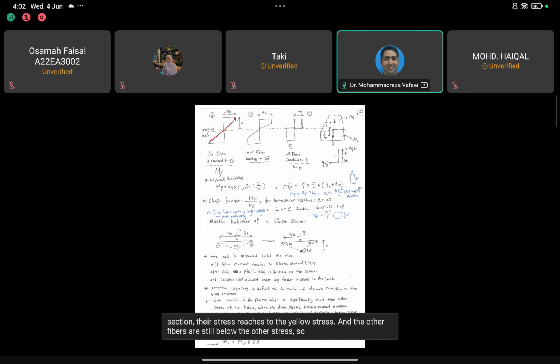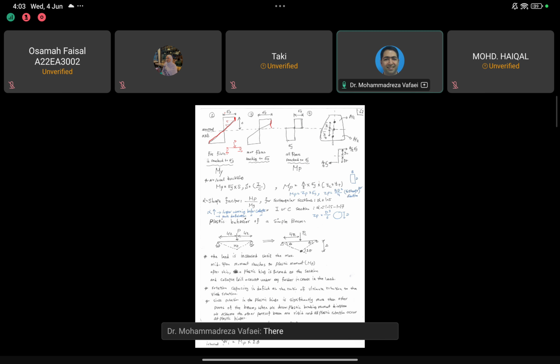So the stress block is going to look like the one that you see here. But still, we haven't entered the plastic zone. And if you increase that P inside your beam and make it bigger, little by little, more and more fibers are going to reach the yield, and the block more and more is going to look like a rectangle shape.